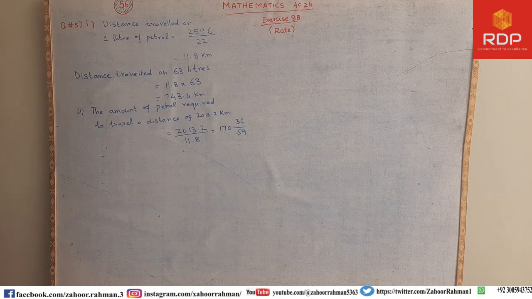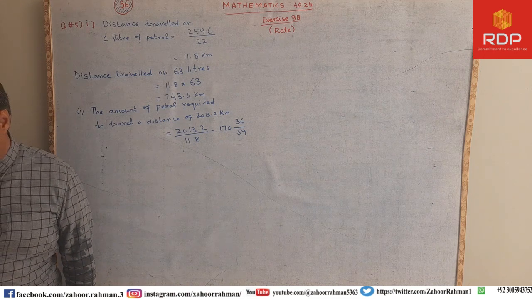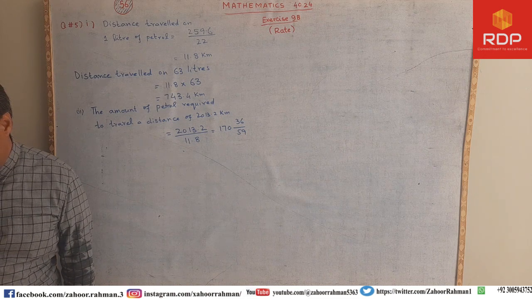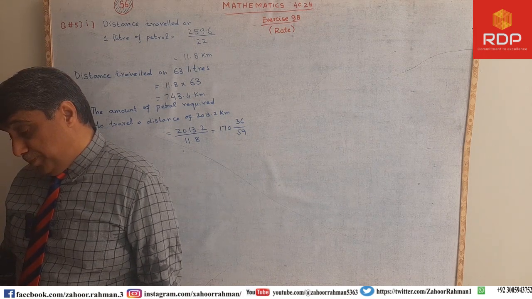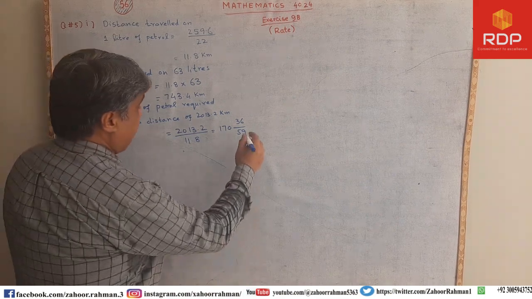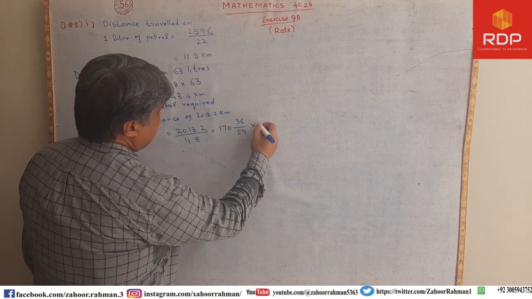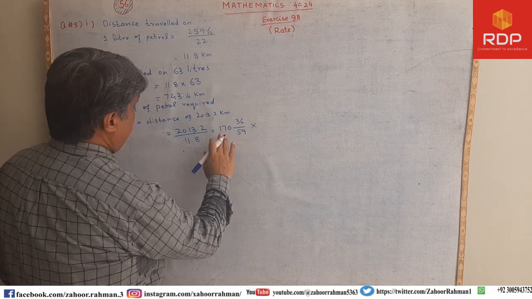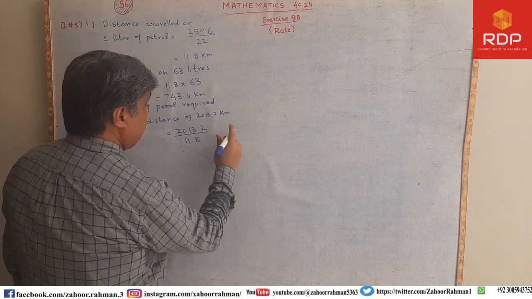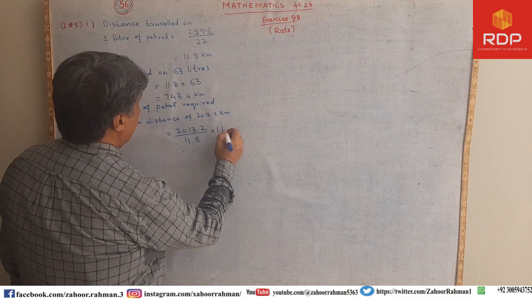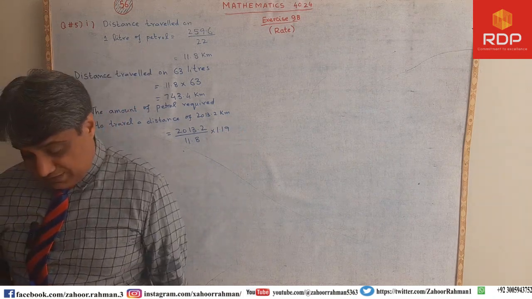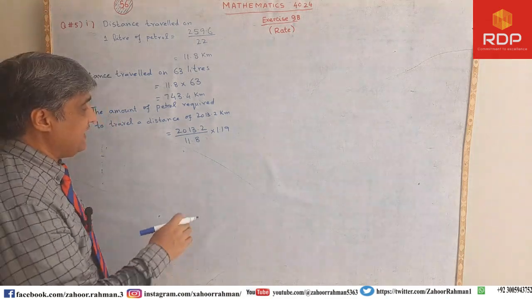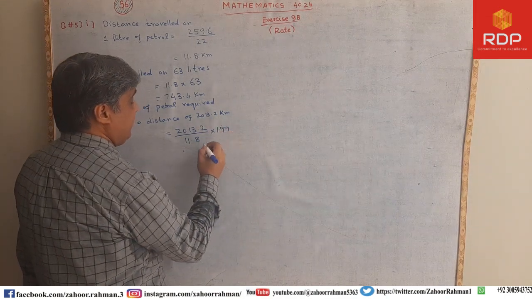Whole 36 over 59 liters. He has to pay, as they have given us, multiplied by 1.99.